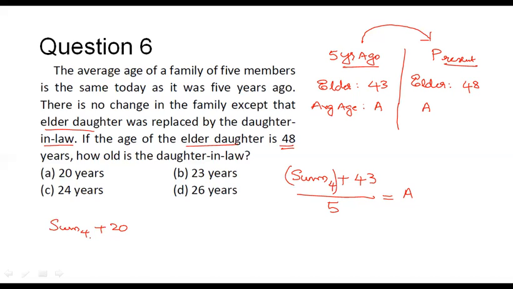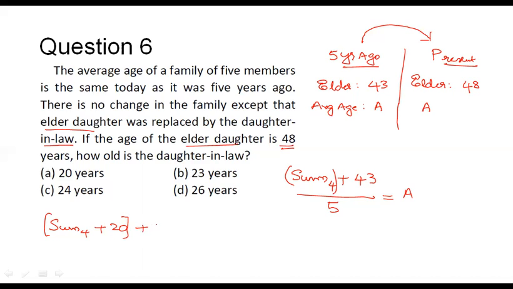So like that you are considering 4 people for a 5-year duration. So the sum of the ages of all these 4 people who are there in the family now, who were there in the family 5 years ago, corresponds to sum 4 plus 20, and that is the sum of the ages of these 4 members now.